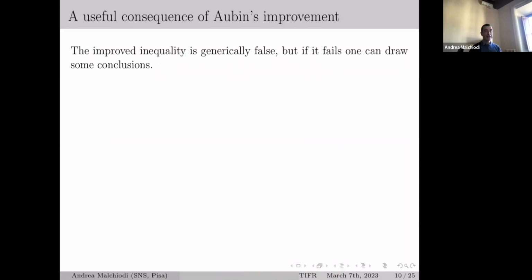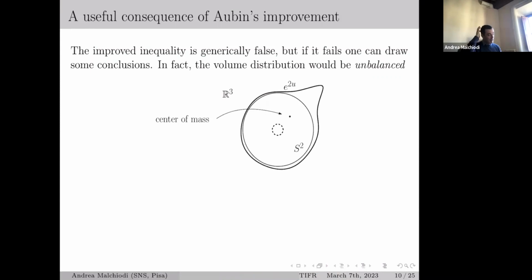Okay, so as I said, this improvement holds in special situations. It's false in general, but it tells you actually some consequence. So for example, if you don't have the improvement of the inequality on the sphere, then it means that the volume must be unbalanced.